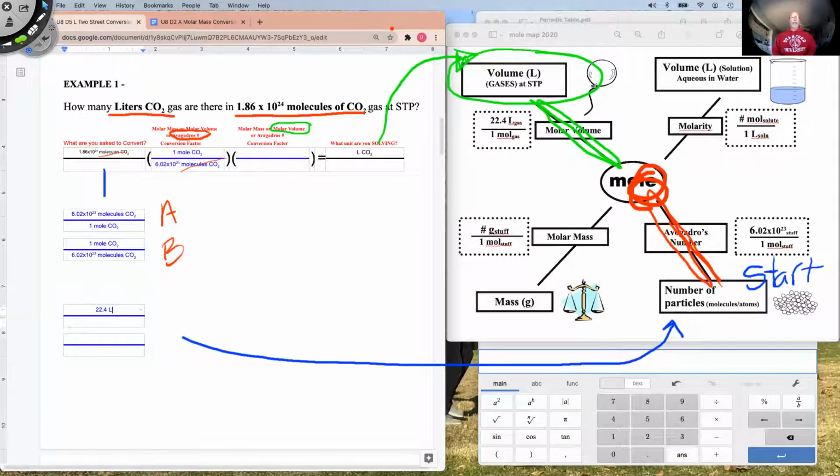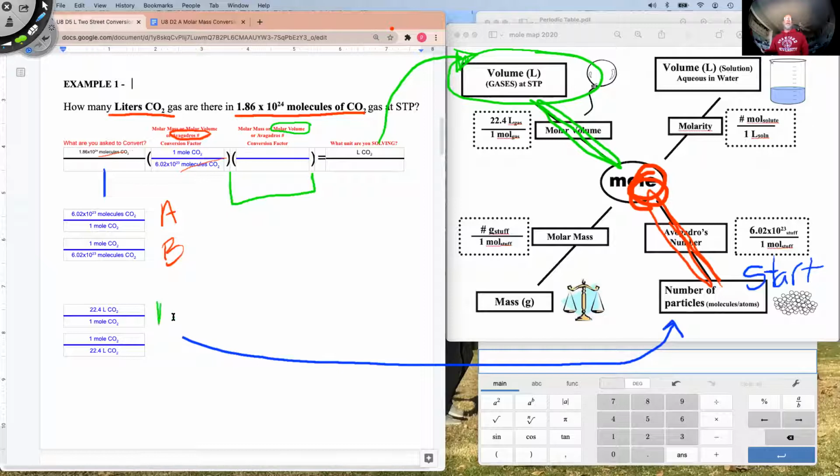That's right, 22.4 liters of CO2 for every 1 mole of CO2, or it's going to be 1 mole of CO2 for every 22.4 liters of CO2. Now the question is, which one? I'll put this one in green so that you can see the difference, because we're now on this conversion factor here.